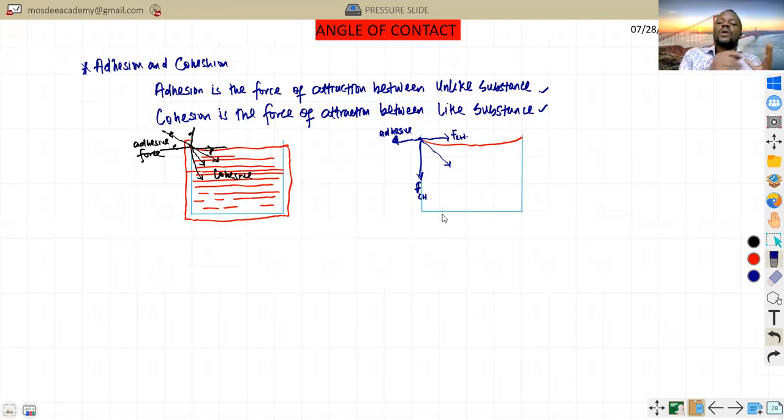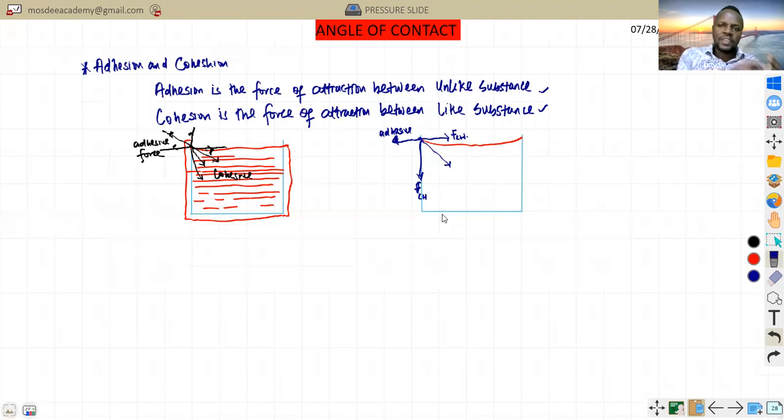What we call the angle of contact is the angle between the contact of liquid and solid, or liquid and the material, or, I think it's better, the angle between the tangent line drawn from the adhesive force and the cohesive force.